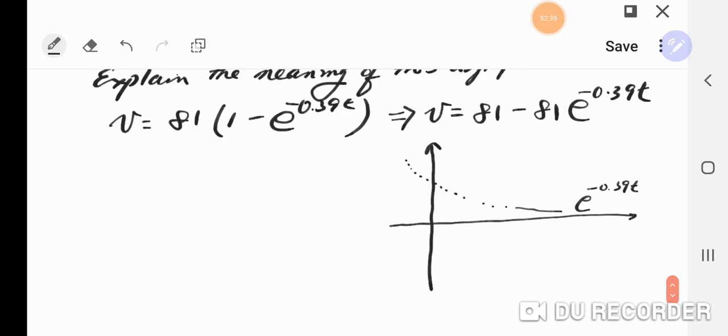And then if you multiply this by negative 81, let's say this is 81 times e to the negative power. And if we put the negative sign, then this will be reflected across the t-axis. So this will be negative 81 times e to the negative 0.39t.